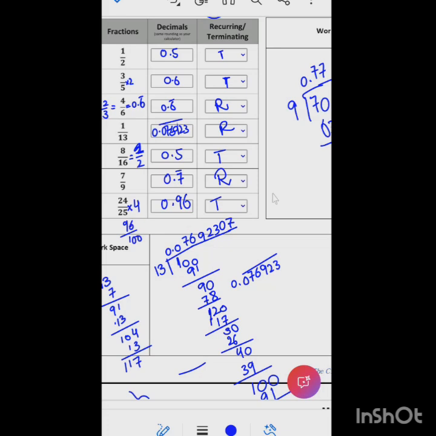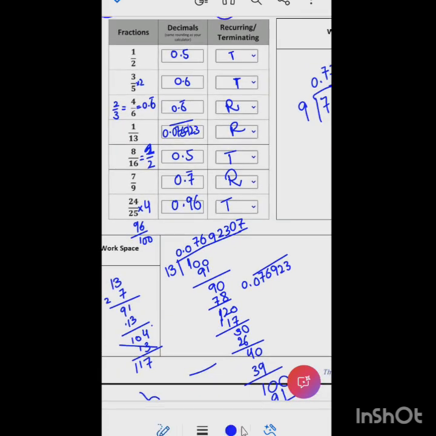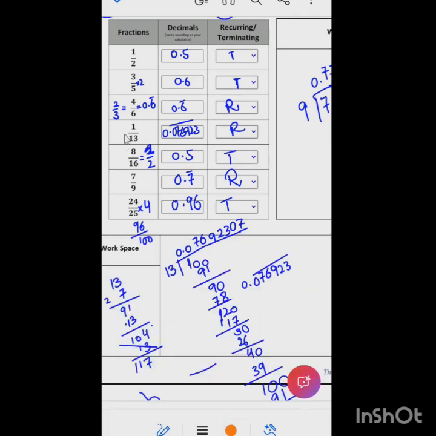Alright. So now comes this one. Now Zainab, there is one observation which you need to make. There are some special divisors in math. For example, you have seen 13 here. When 13 was the divisor, what kind of number was that?